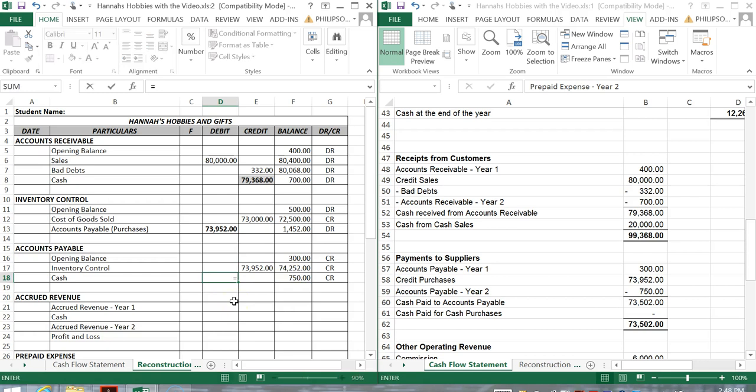So we're going to be equals that minus that. Because we're not swinging from a credit to a debit, we're not adding them together. They're still on the credit side, so we're simply subtracting that from that. 73,502 marries up with this figure over here. So far, so good.